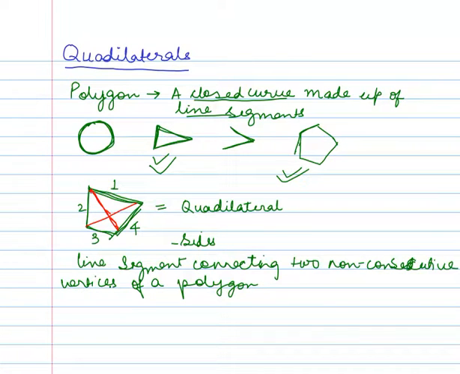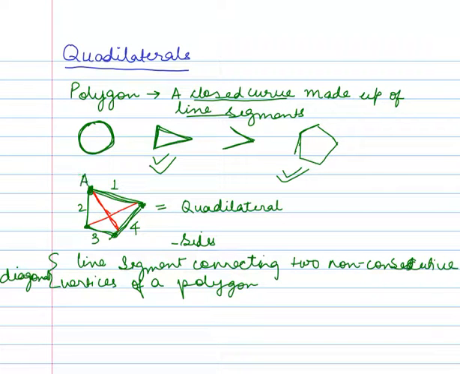So what is a diagonal? It is a line segment. These are called the vertices of a polygon, right? 1, 2, 3, 4.